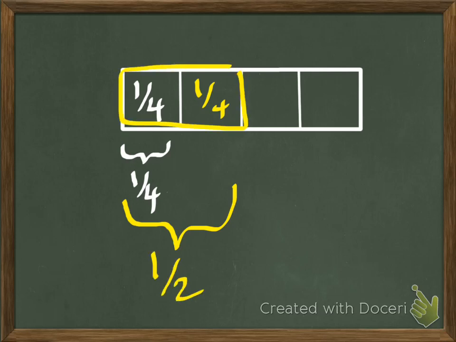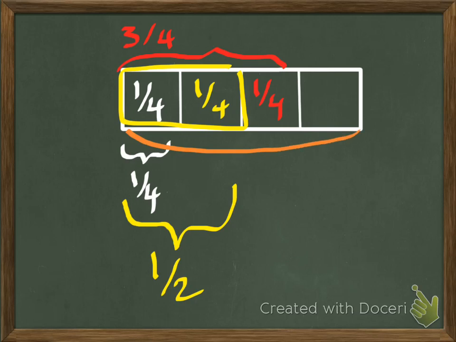And we go on and on. If I have another quarter, then I have 3 quarters, and eventually we end up with the whole thing, which would be 4 quarters, which is equal to 1.